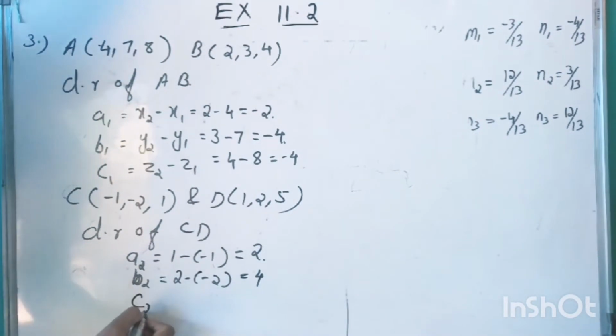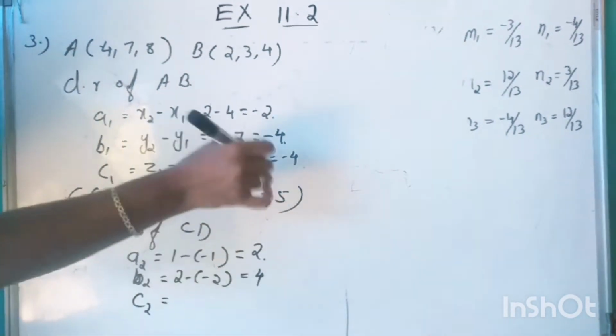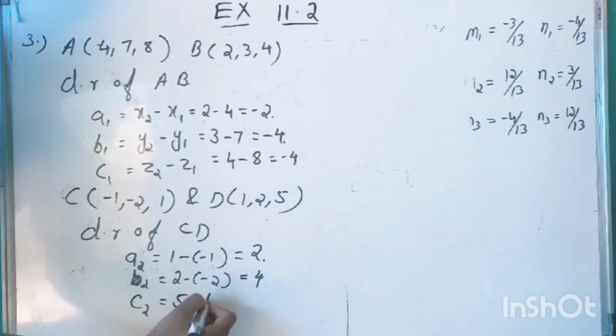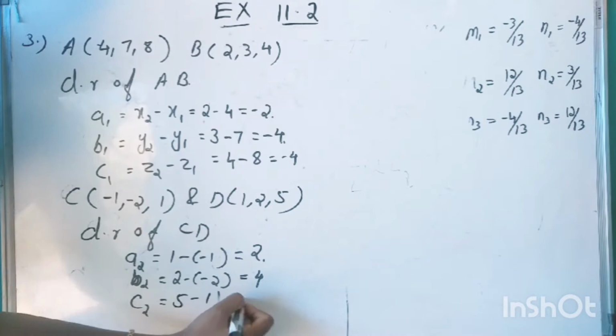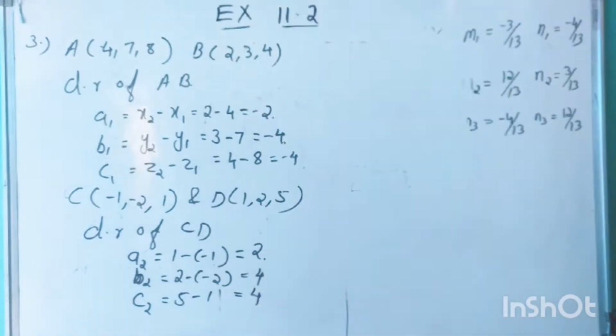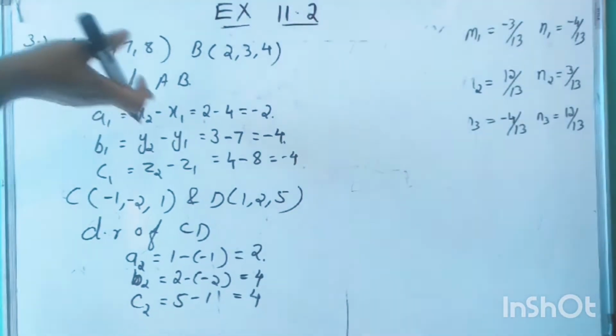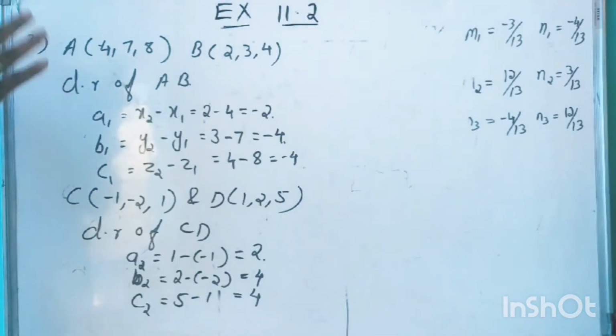And C2 is the z coordinate of D minus the z coordinate of C, 5 minus 1, equal to 4. So the direction ratios of the line CD are A2 equal to 2, B2 equal to 4, C2 equal to 4. Either you can use this method to find the direction ratios, or you can use the previous method.